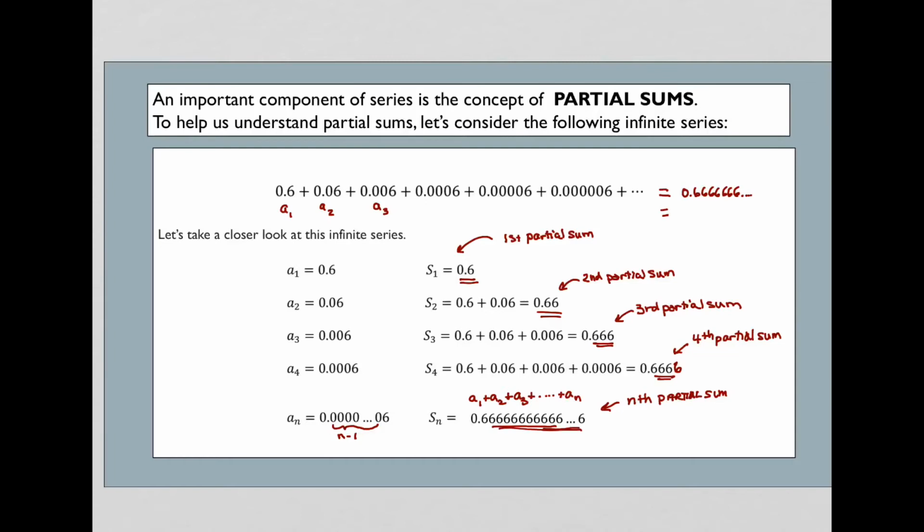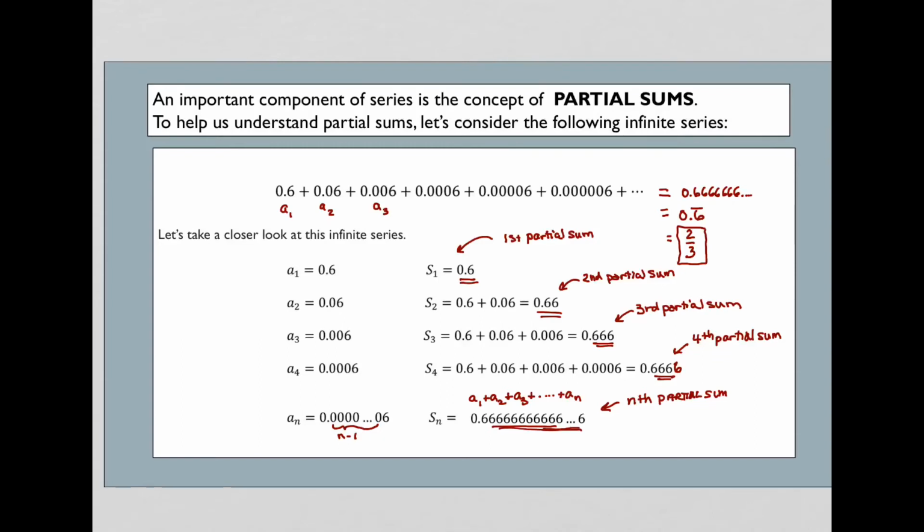Or if you like, wouldn't you say that this converges to the number 0.6 with the bar on top? Or in other words, that's the fraction, what, 2/3? Do you recognize that as 2/3? Those partial sums show a pattern, and in fact, they help us to see that this infinite series actually converges, and it converges to the number 2/3.